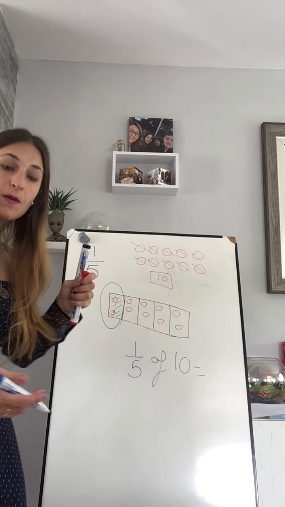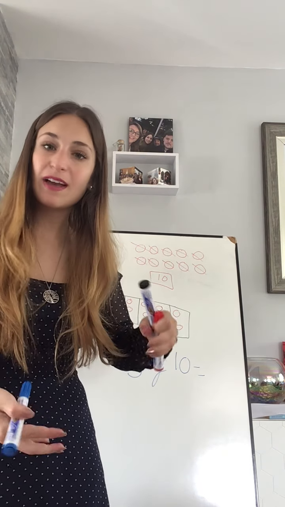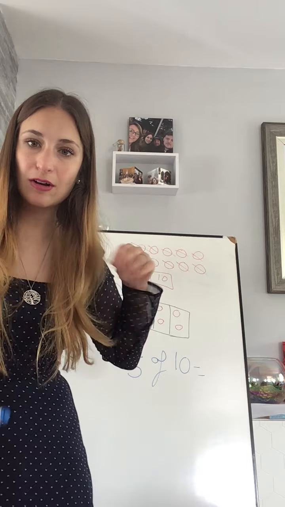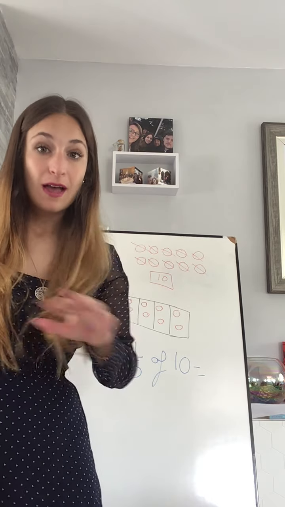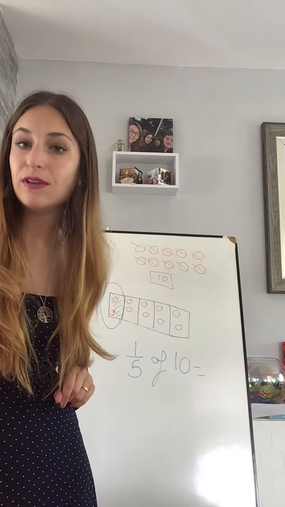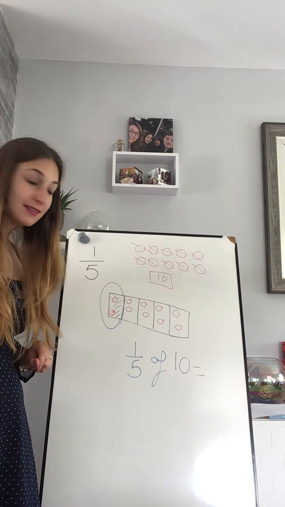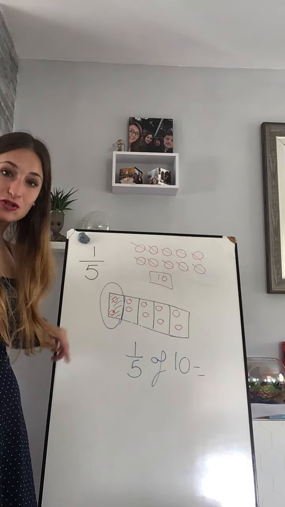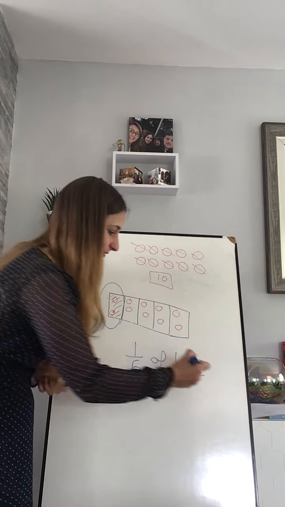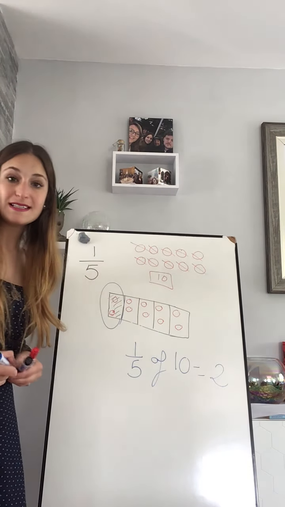If I have my purse with 10 coins and I said, okay, I'm going to share it and you can have 1/5 of my money, how much are you going to get? 2. Absolutely right. Okay, so quite easy, isn't it?